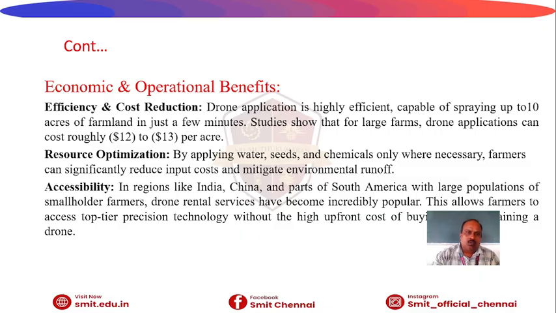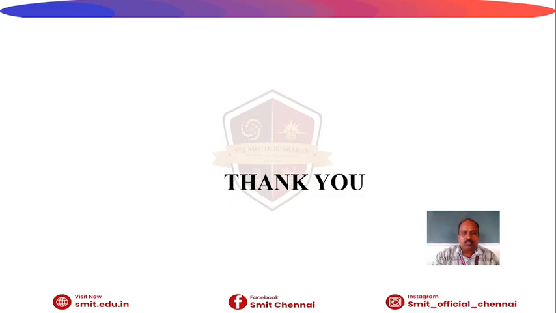Drone applications are highly efficient, capable of spraying up to 10 acres of farmland. Resource optimization also mitigates environmental runoff, and there is accessibility in regions of India, China, and parts of South America with a large population of smallholder farmers, for maintaining the farms. Thank you for watching this video.